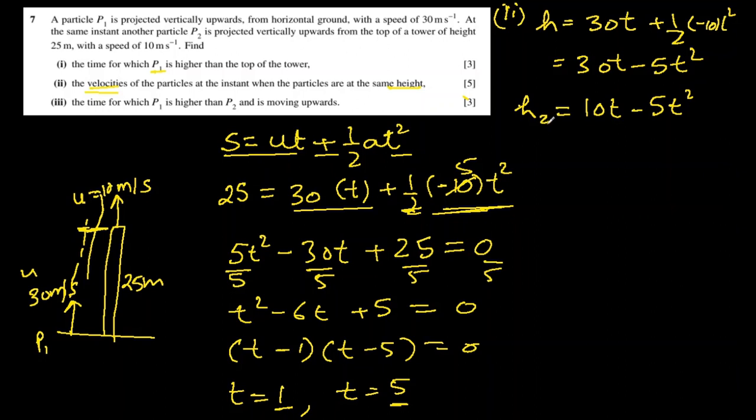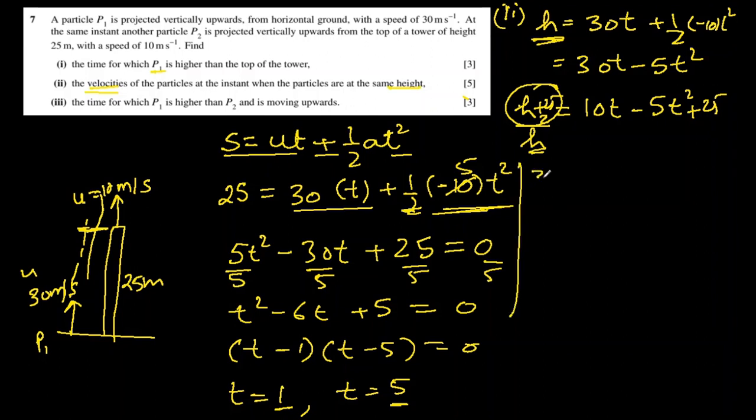That's the H2. But if I want to compare this with this, I will have to use plus 25 on this side and plus 25 on this side. Now this becomes H because it was already at a height of 25 meters, right? And now we can equate this H and this H.